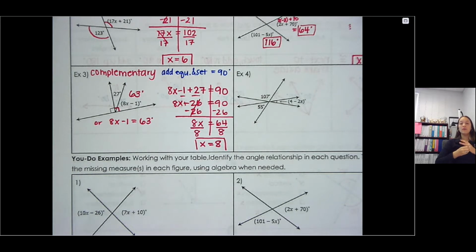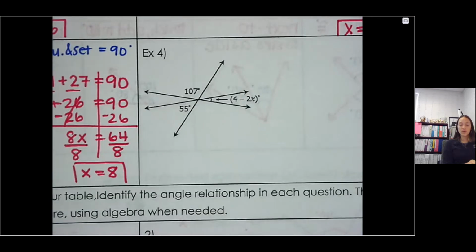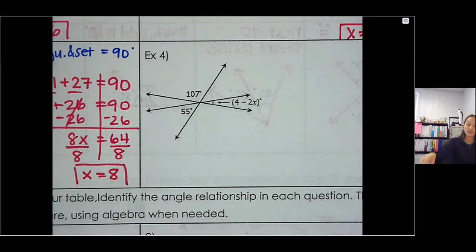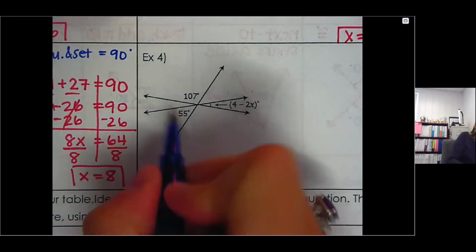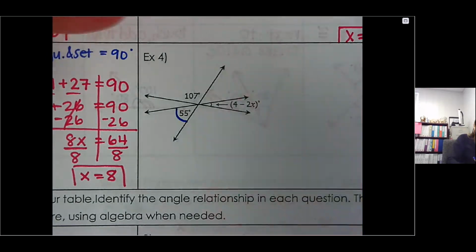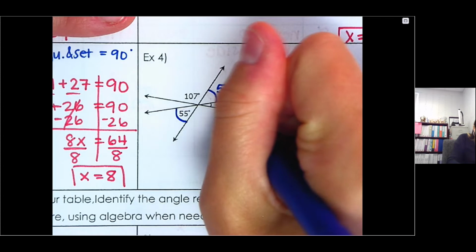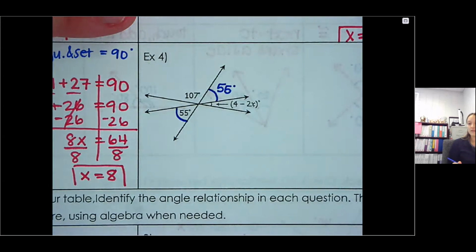There's a vertical angle, like if you put the 55 across, then it would be the 180. Okay, there you go. So what she's saying is, here's 55. If you go vertical from that, that means this one is also 55, right?